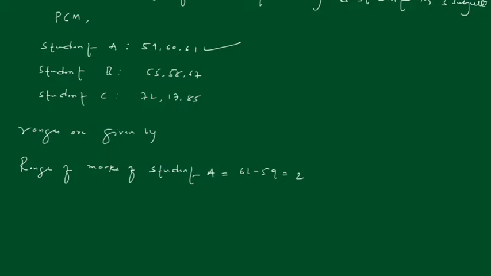Next, the range of marks of student B is 67 minus 55, which is 12.